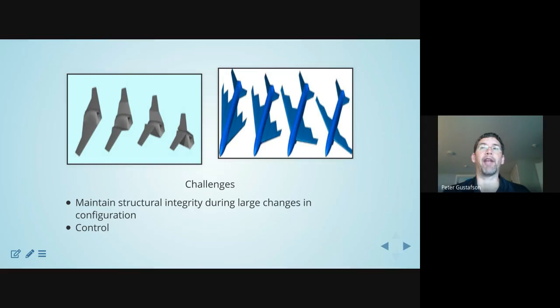The actuators can add substantial weight. Of course, we need to be structurally sound in each of these configurations independently and also during the transition from one to the other. And of course, we get large shifts in CG location when this occurs, so we have a control systems challenge as well.